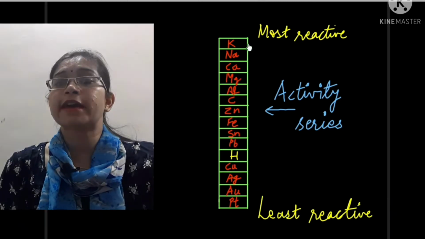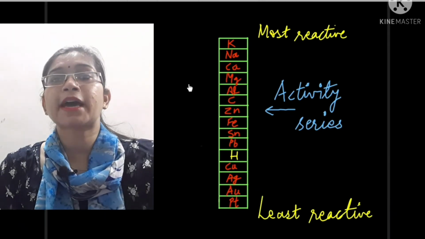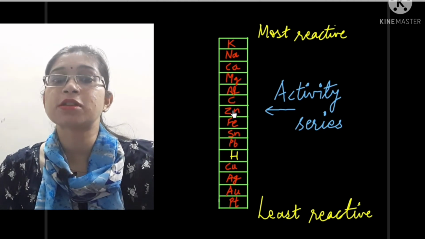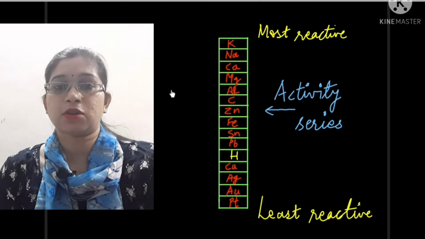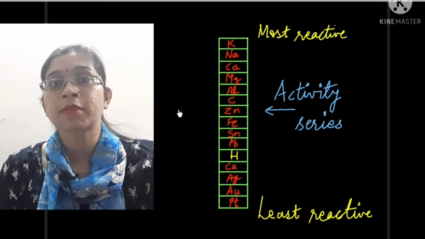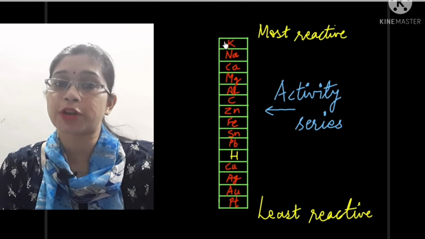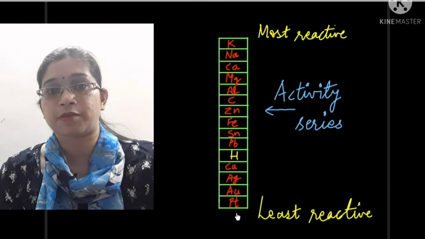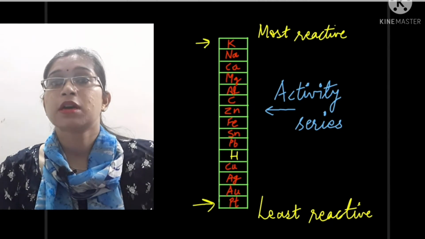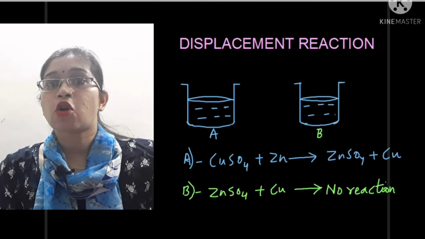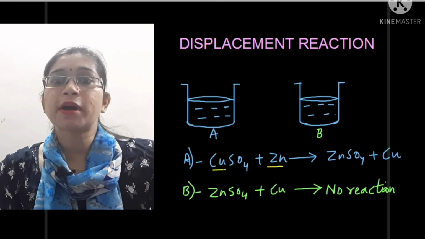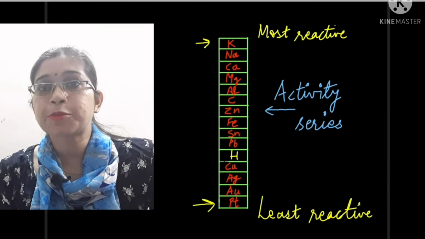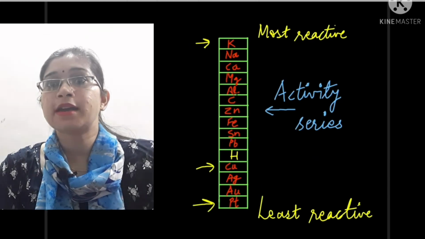Here we see this activity series, which comprises many metals. These metals are arranged on the basis of their decreasing activity or decreasing reactivity. So you can say that K, that is potassium, is most reactive and platinum is least reactive. How do we compare this? Now we will see copper and zinc. Copper gets displaced from its solution. The position of copper is here and zinc is here.